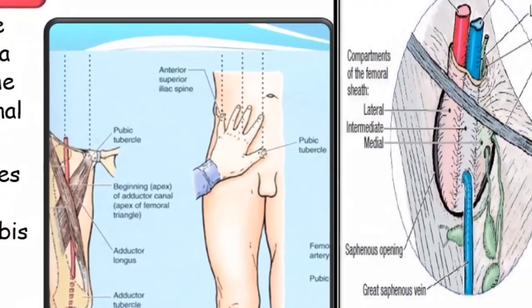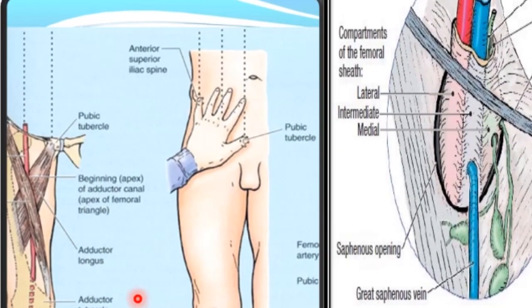And here in our illustration, this is a clinician trying to feel the 2 ends of the inguinal ligament, the anterior superior iliac spine and the pubic tubercle, knowing that at its midpoint we'll be seeing the femoral artery. Now, the femoral artery will pass between these 2 points and then will run distally.